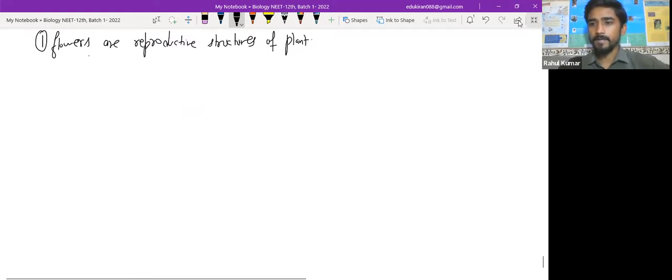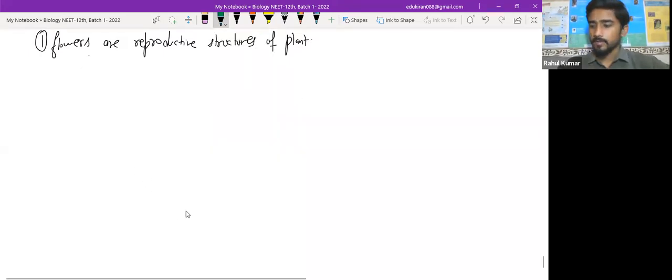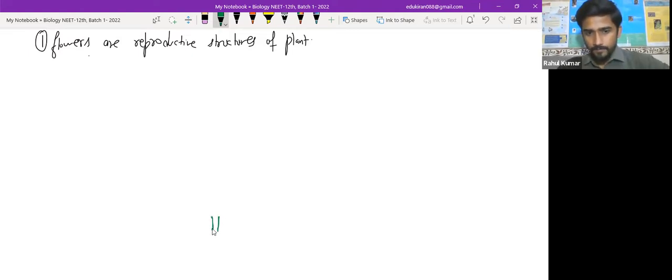Okay. So at the base of every flower, this is the general anatomy. You will see that any flower is attached to the branch, so this is where it's attached to the branch.